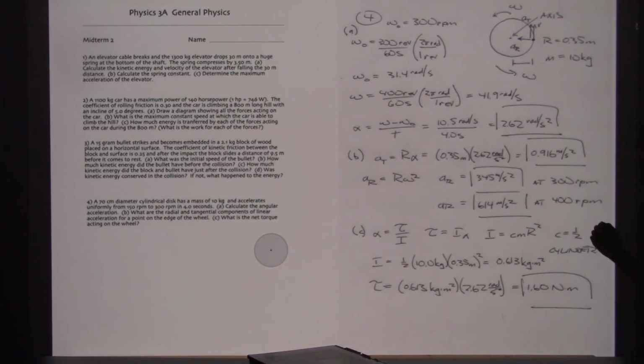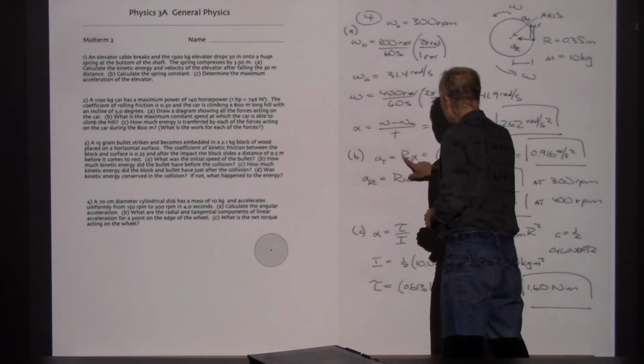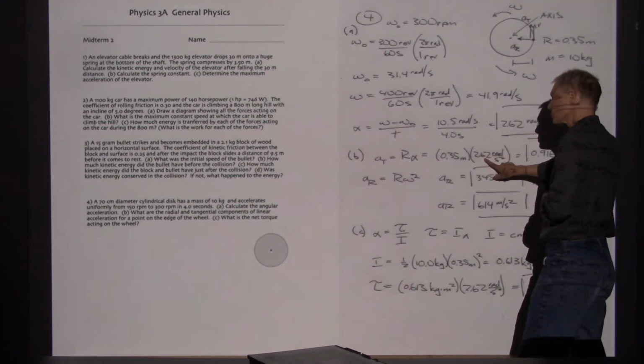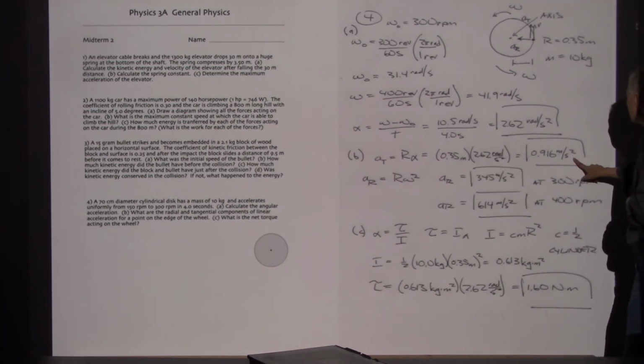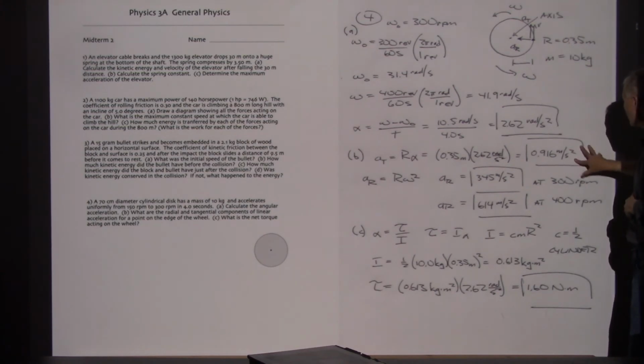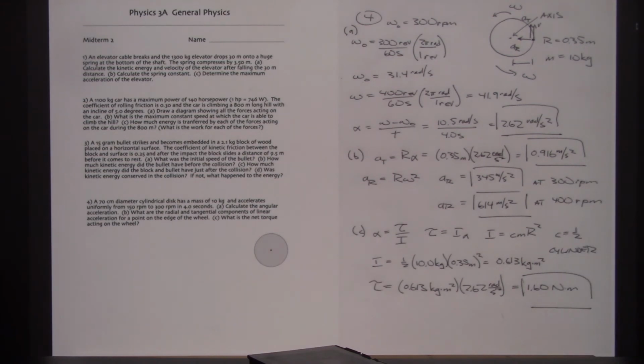So the tangential acceleration of a point along the edge, along the circumference, would be r times alpha. R right along the edge is 0.35 meters, multiply that by the alpha value, 0.916 meters per second squared. So again, a point on the edge is going faster and faster in terms of its linear velocity by 0.916 meters per second per second.